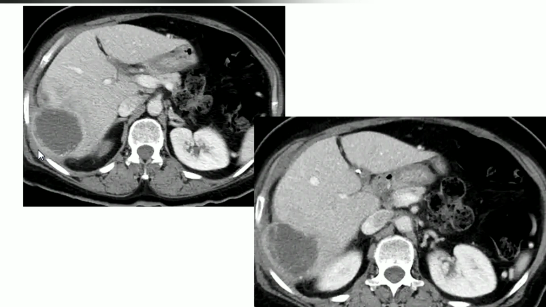I agree, it is abutting or invading the abdominal wall. With history of fever, I will consider abscess. With history of cholecystectomy, these hyperdense foci most likely represent slipped calculi, and this explains the presence of liver abscess.